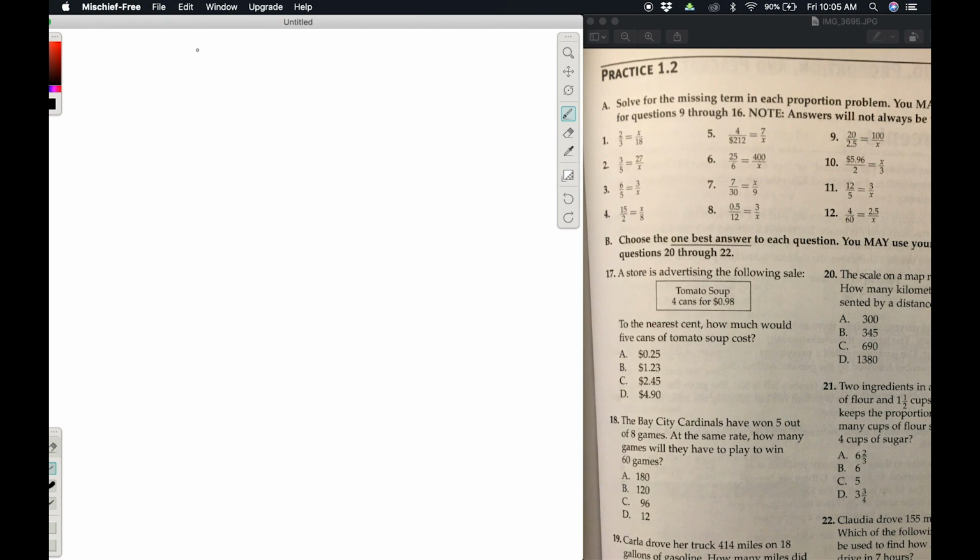Okay, number 5 is 4 over $212 equals 7 over x. Yes, it does. So 7 times 212.